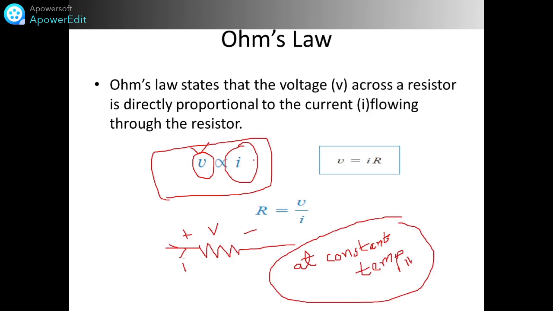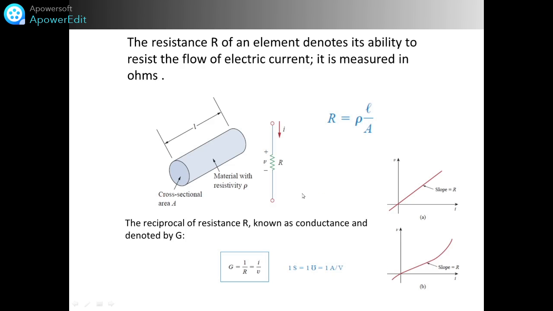So to remove the proportionality constant, we can write V is equal to I into R. So R can be written as V by I. What is meant by resistance? The resistance is the opposition to the flow of electrons, which means current.